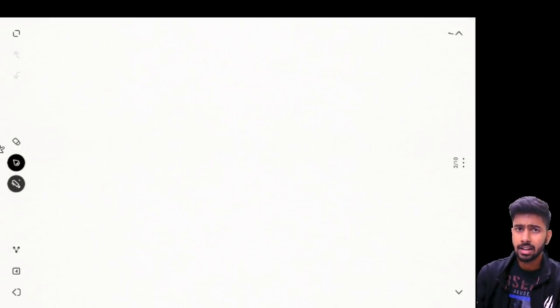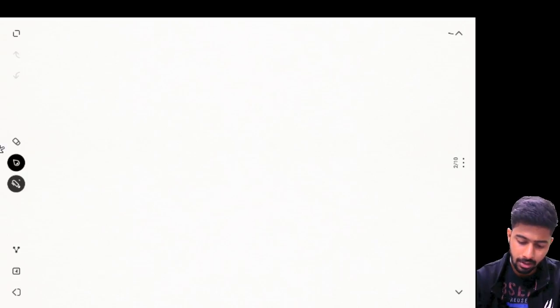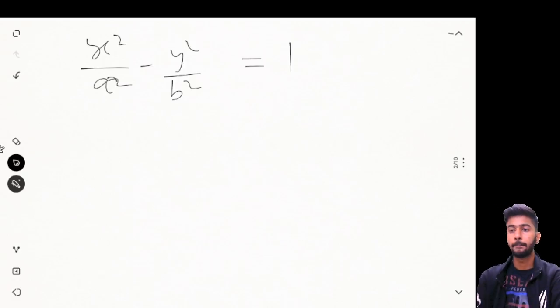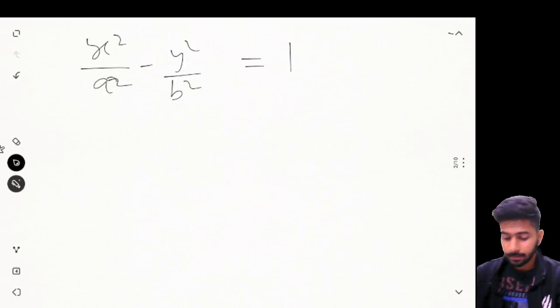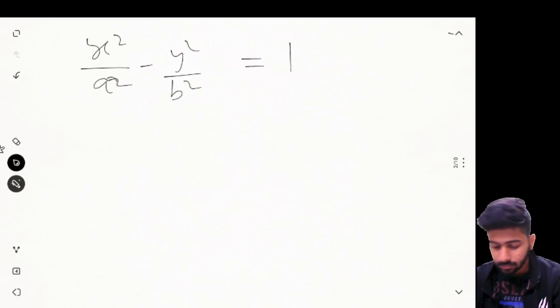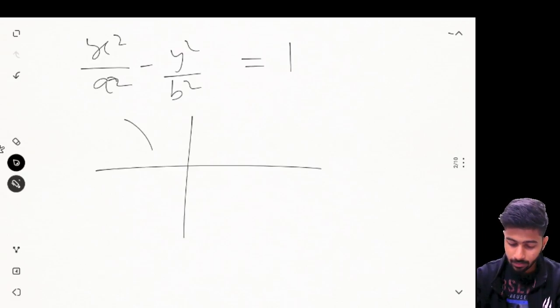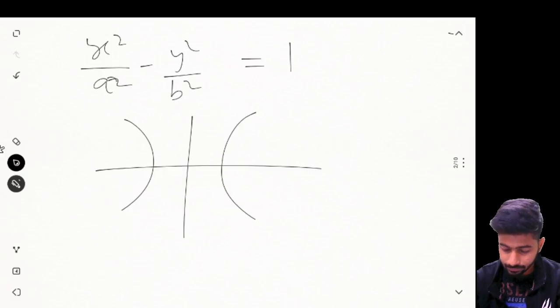So we'll take the standard equation of a hyperbola, which you already know is x square by a square minus y square by b square is equals to 1. Right. So when you draw this hyperbola, you already know it looks something like this.